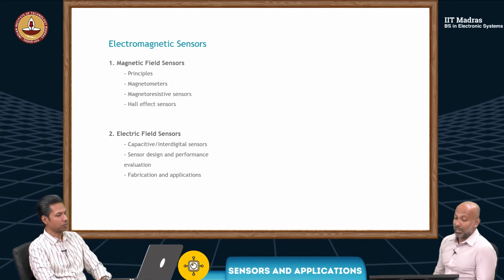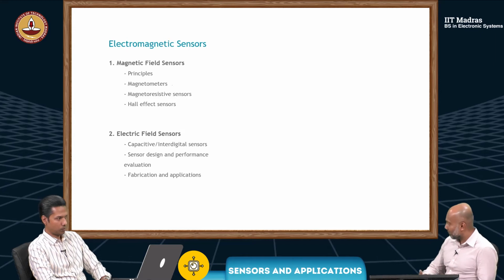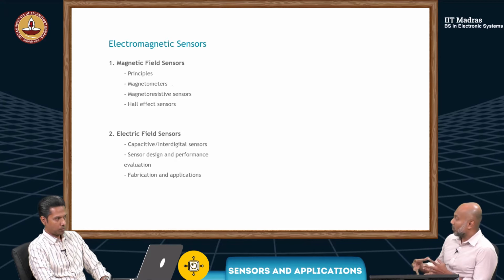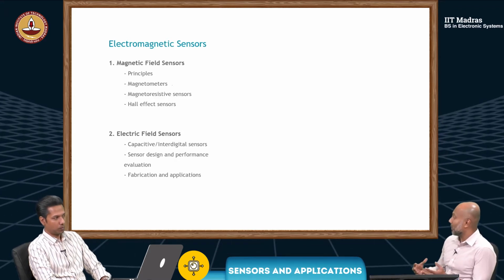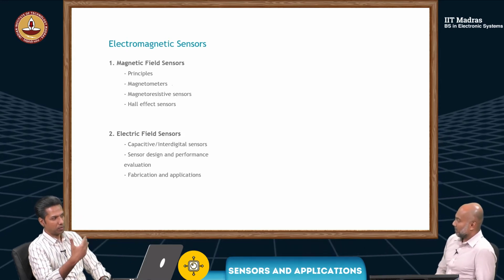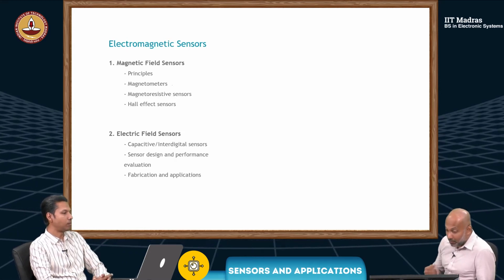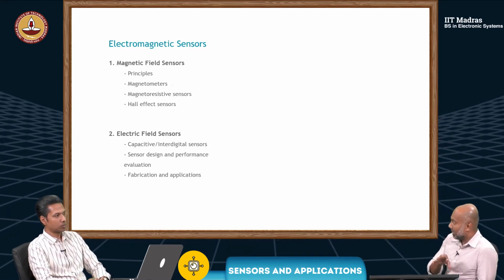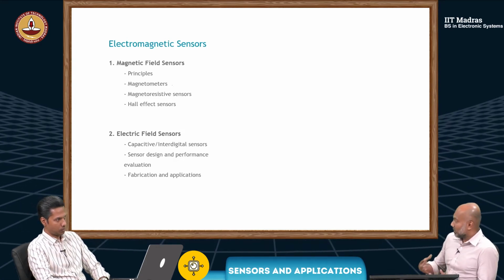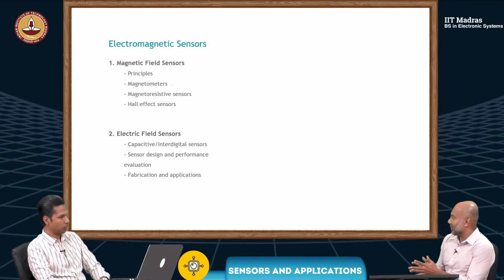When it comes to electric field sensors, you might wonder why we can't use magnetic field sensors for those specific applications, but again, it depends on the properties of the object that we are trying to measure. Depending on the application, we will come to know which one is best suited. Even within these two different sensor types, magnetic field and electric field, you see different principles. You tweak the principles and then use them for different applications.